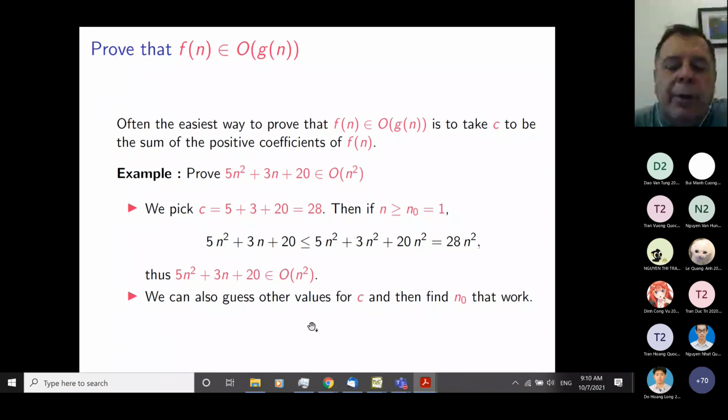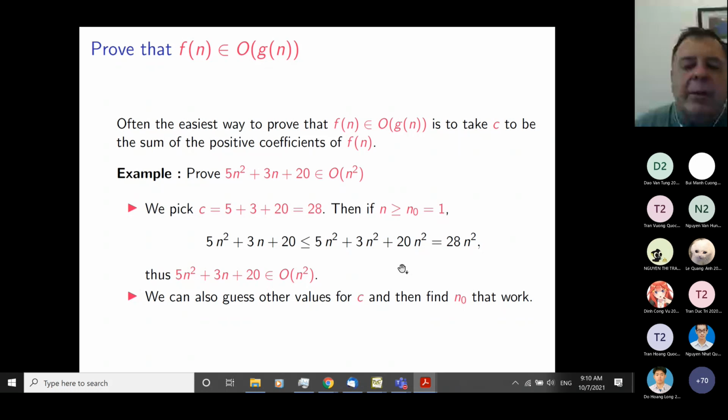Another way to prove that we have found a bounding function on an expression that describes the running time of an algorithm is to guess a value for c, and then try to find the n0 that will work.